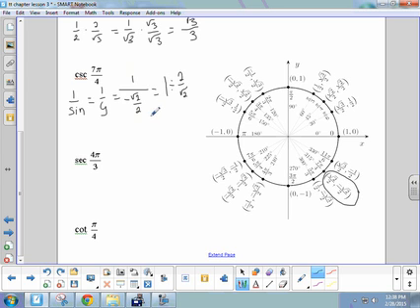So I end up with 2 over radical 2. We need to rationalize that. I get 2 radical 2 over 2, which is radical 2. Running out of room there.